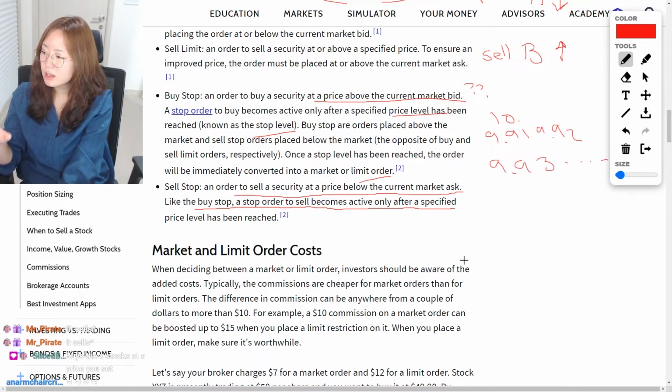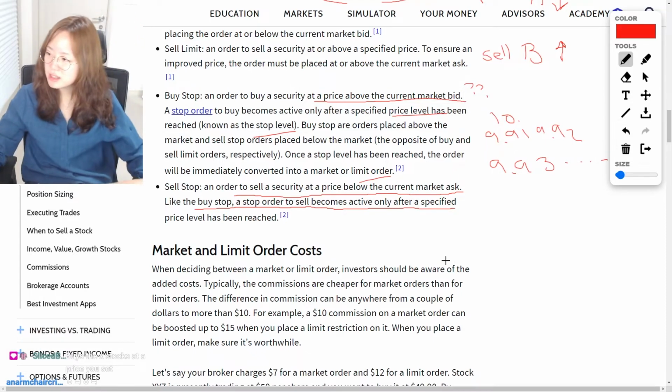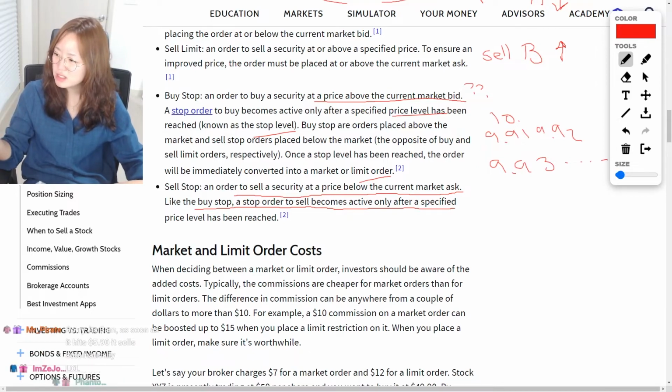Guys, am I this dumb? 잠깐만. If you buy a stock at $6, as soon as it hits $5.90, it sells? Then you're minus.